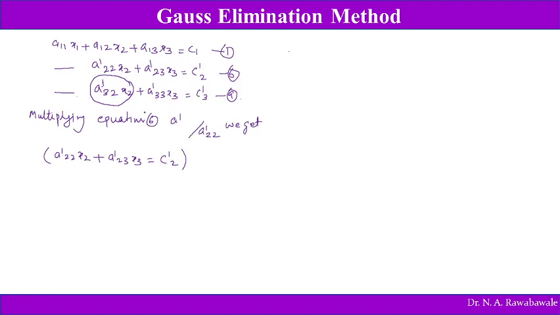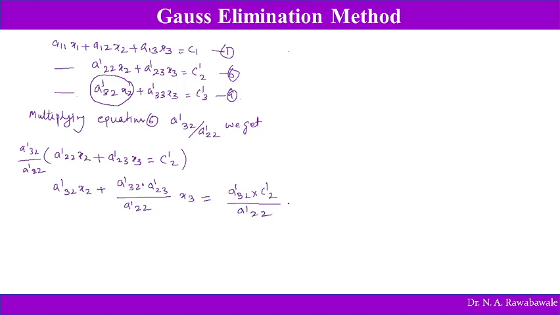So multiplying equation number 6 by a'32 and dividing it by a'22, the a'22 terms get cancelled. What remains is a'32 x2 plus a'32 times a'23 divided by a'22 into x3, which is equal to a'32 times c'2 divided by a'22. So this is equation number 10.